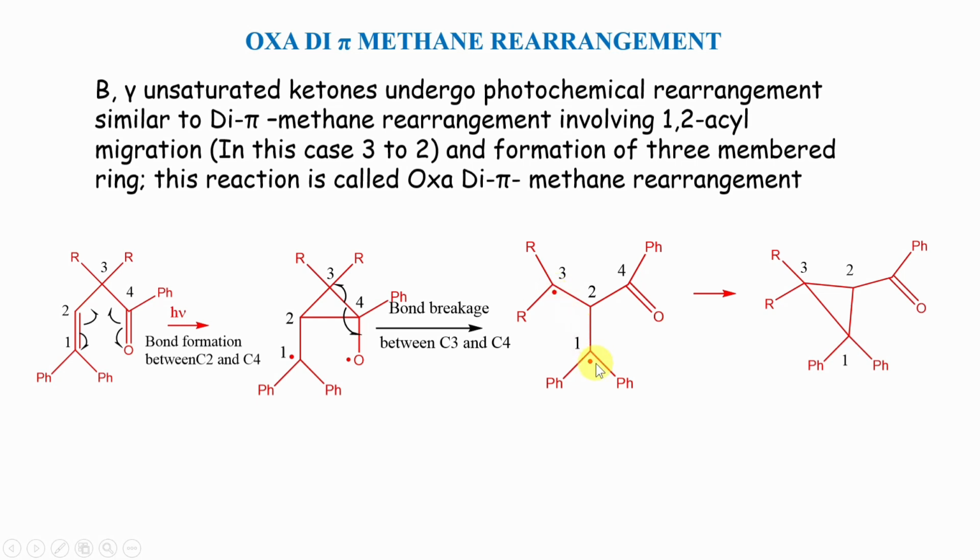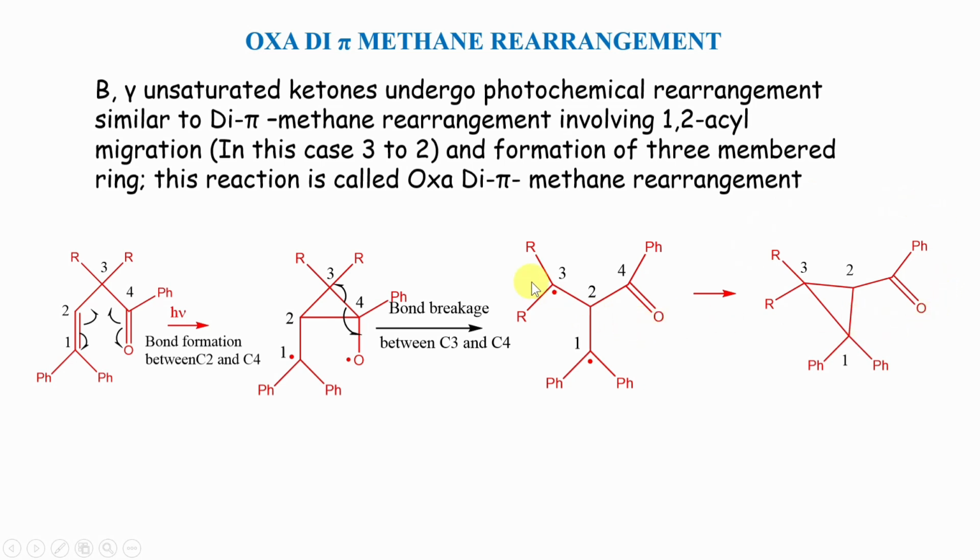It gets closed, or there is bond formation between the third carbon atom and the first carbon atom to form a cyclopropane. By this formation of a bond between carbon 1 and carbon 3, a cyclopropane ring is formed, and the product will be like this.